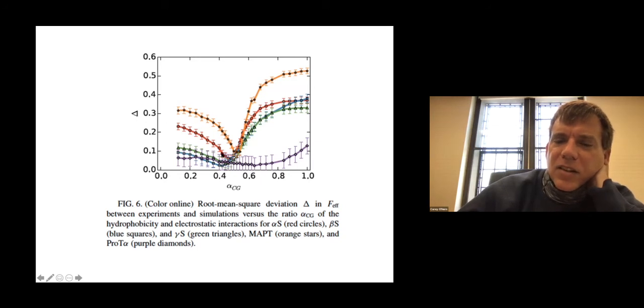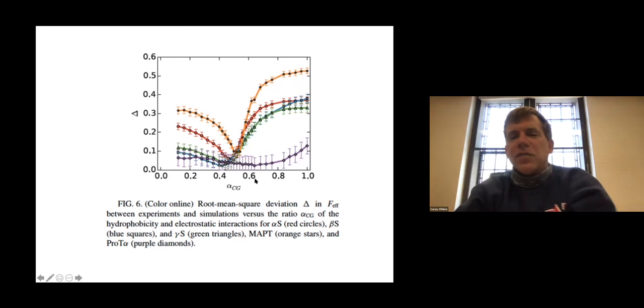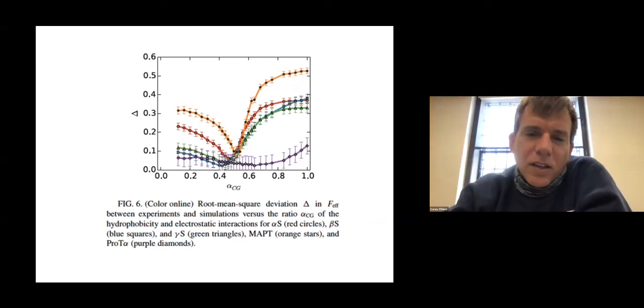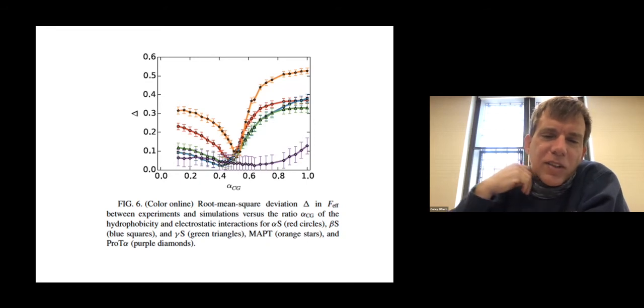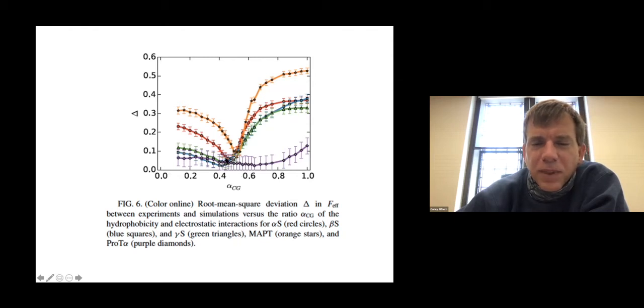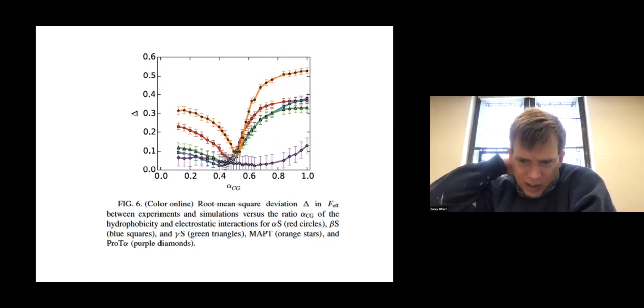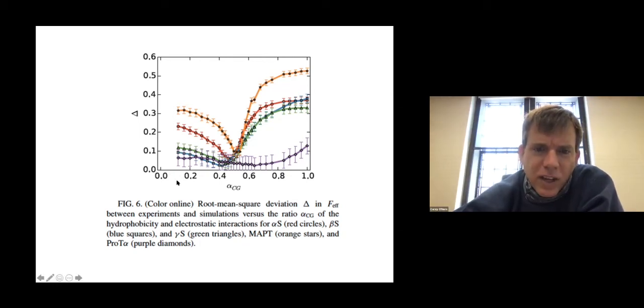And then we can calculate that delta as a function of the ratio of the coefficient of the charge interaction to the coefficient of the hydrophobicity interaction. And you see for most of the intrinsically disordered proteins, there's a minimum, the smallest error between experiments and simulations, and it occurs around 1/2. So the hydrophobic scale is about 1/2 of the electrostatic energy scale.